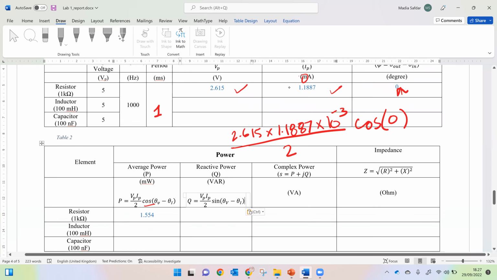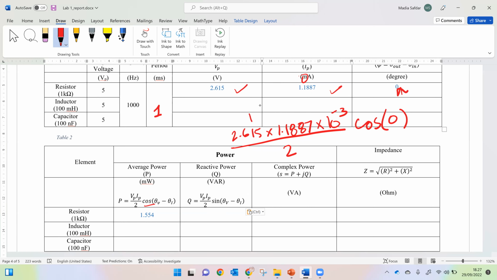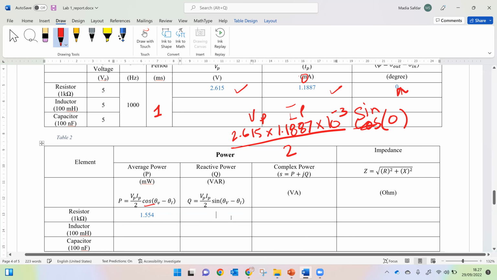So this is Vp. This is Ip. Okay, and instead of cosine there will be sine. So sine of 0, it will be 0. Okay, in case of resistor there is no reactive power.